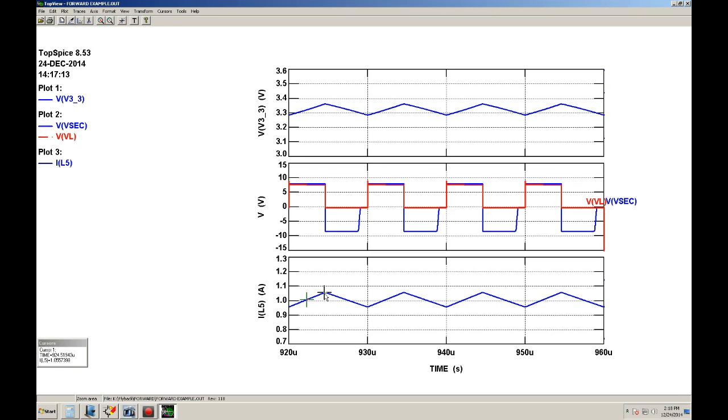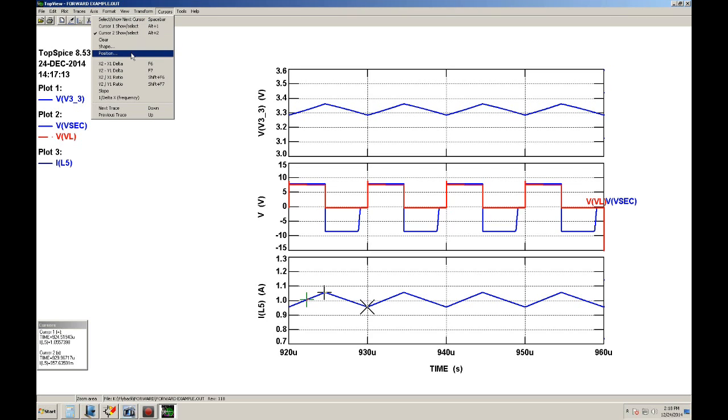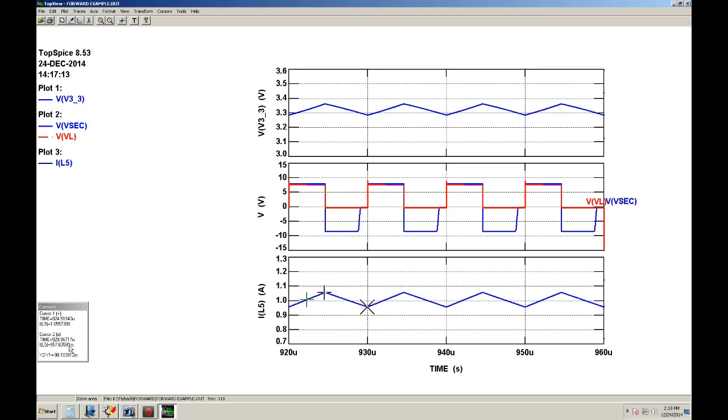Now remember, the delta from positive to negative was supposed to be 100 milliamps. So I will do a Y2 minus Y1.